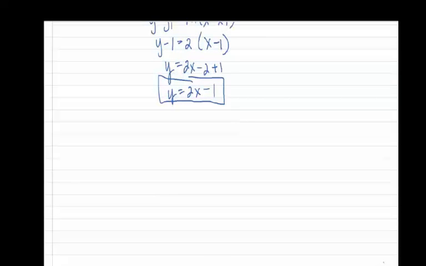And now I want to generalize this and write out what we have for linearization. Okay?